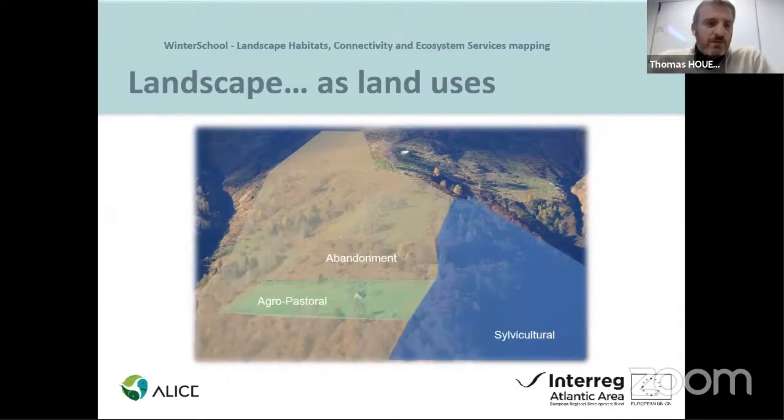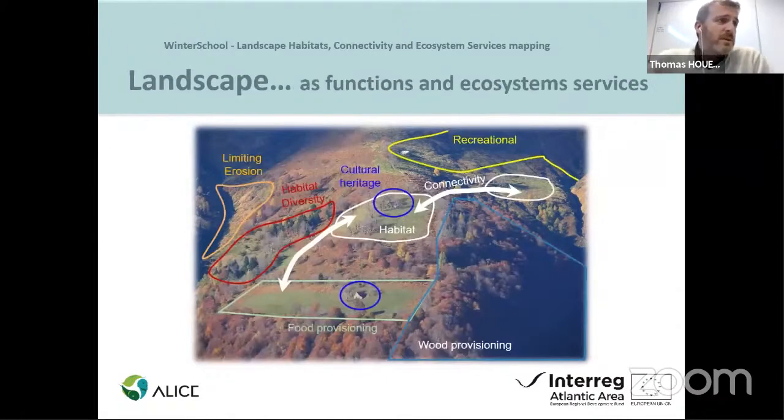But you can also consider this landscape as land uses. Sometimes it could be silvicultural land uses, agropastoral land uses, but also a non-land use, which is the abandonment of this land. You can consider landscape as functions and ecosystem services in terms of habitats. For example, meadows could be habitat for a specific species. It could also be an approach as cultural heritage, because you can see there are some old houses dedicated to agropastoral practices.